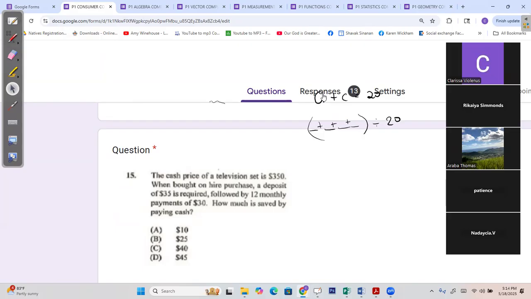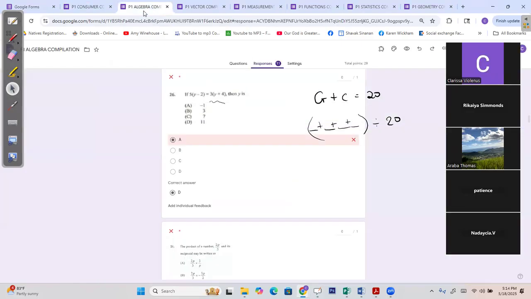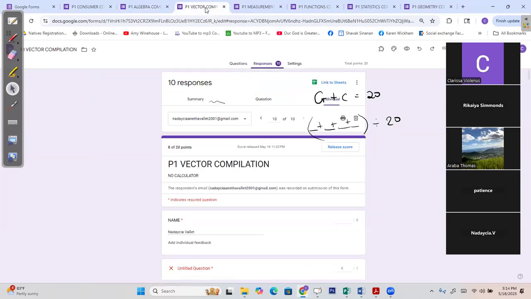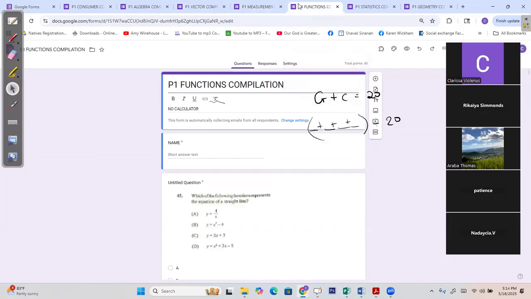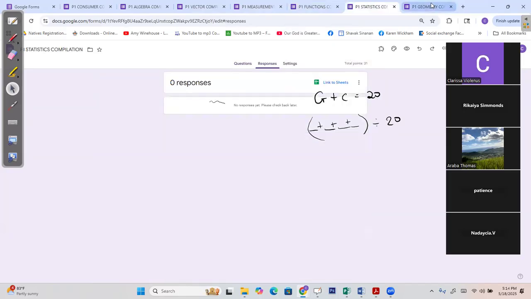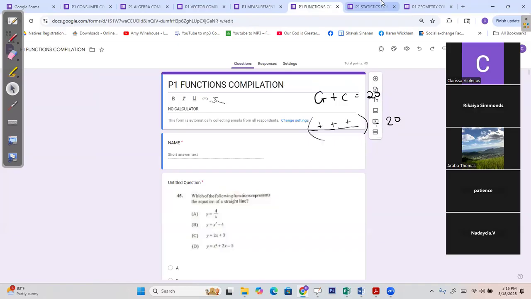So 13 responses, and I think it's about 10 people out of the 16 did consumer. 11, I think 2 persons did it twice, so maybe about 8 people did algebra. 10 persons did, because 9 did vectors. Only 4 did measurement. And these last 3 I may not have sent to y'all yet. So these are the last 3 topics.